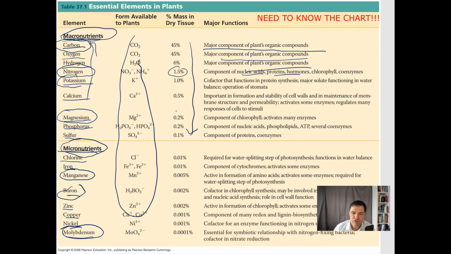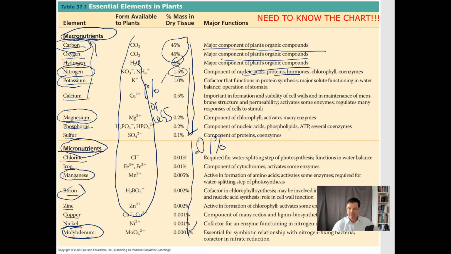So if you say 45 and 45 and 6, and then all the others are 1% or less, that's fine for all those. 1% or less for the rest of the macronutrients. And then the micronutrients are all 0.01% or less.